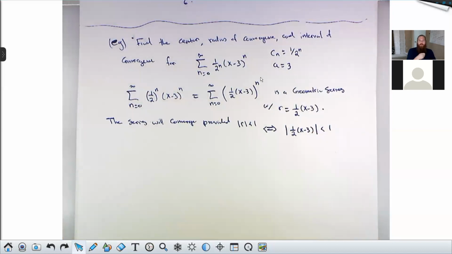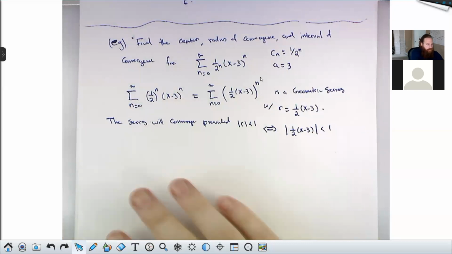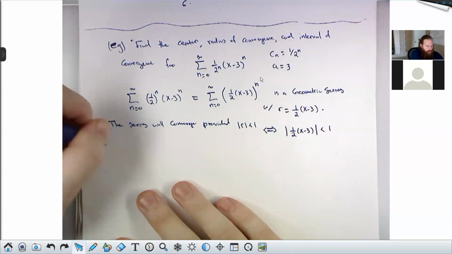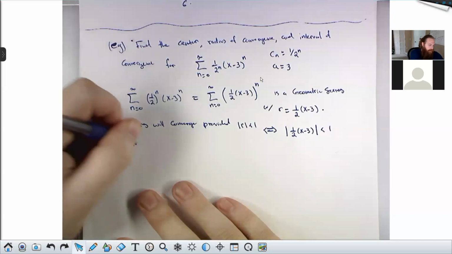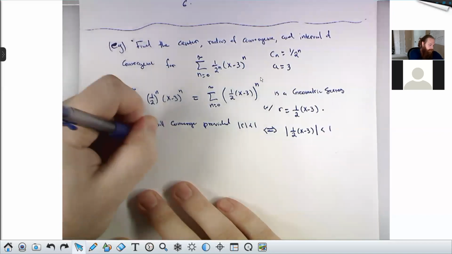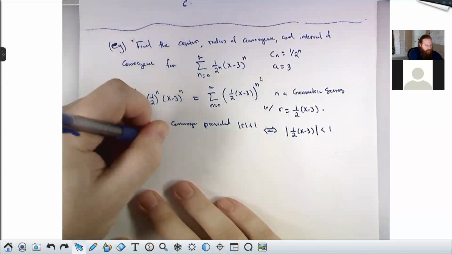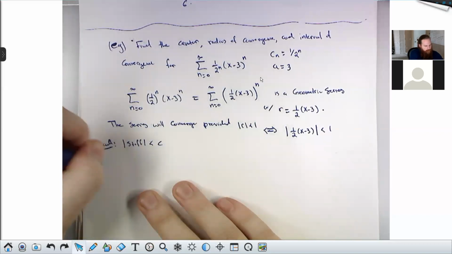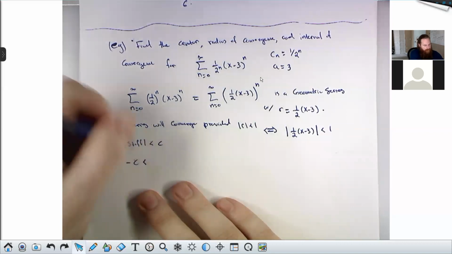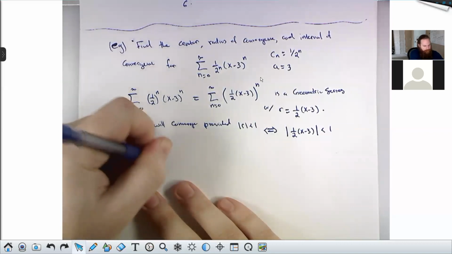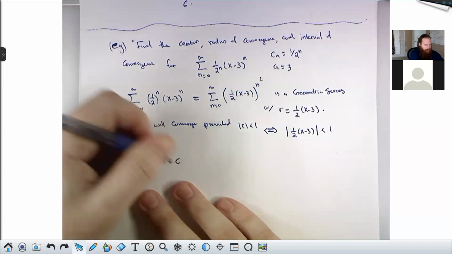And now we need what are called unpacking rules for absolute value inequalities. Recall, the absolute value of some stuff is less than the positive constant c means negative c is less than that stuff is less than positive c.